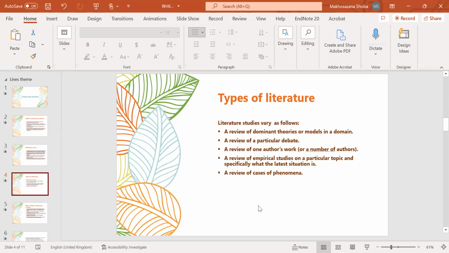So you are reviewing literature on a particular debate. And in this case, the debate would be violence in higher ed, or student violence in higher education as an example.